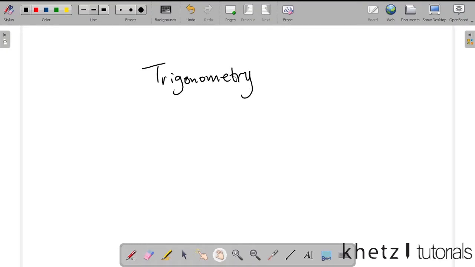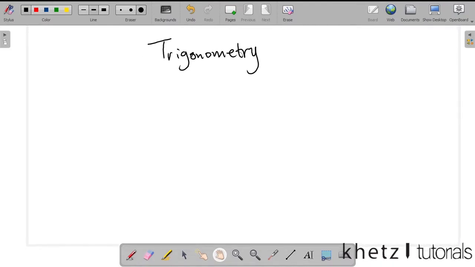Okay, so now to start with, I just want to highlight the main trig functions which we're interested in. So basically we have, let's say, sine x, we have cosine of x, we have tan of x.